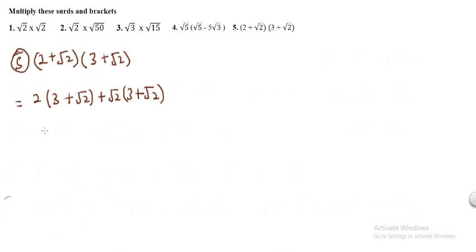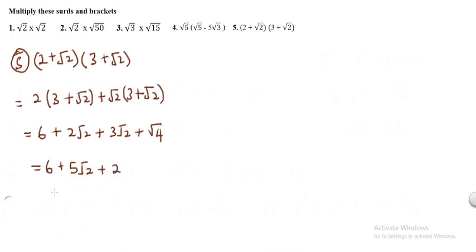So we say 2 times 3 is equal to 6. 2 times root 2 here is equal to 2 root 2, plus root 2 times 3 is equal to 3 root 2, plus root 2 times root 2 is equal to root 4. From here, we can say this is equal to 6 plus 2 root 2 plus 3 root 2 is 5 root 2, plus root 4 is simply 2.